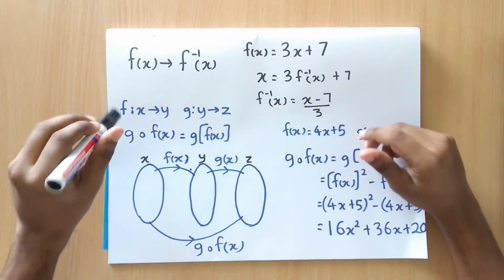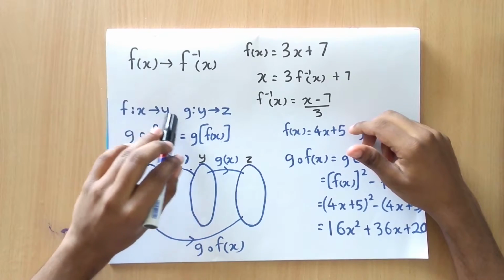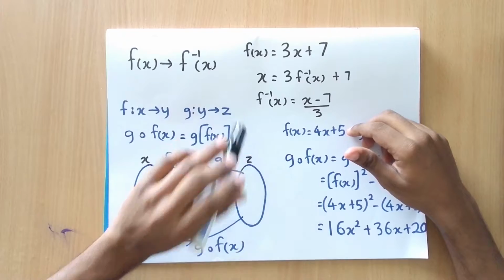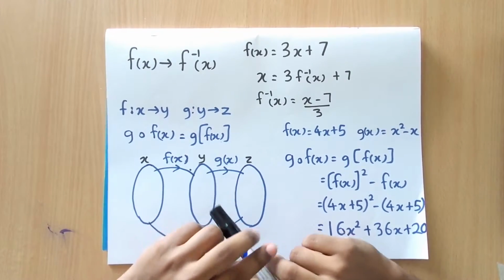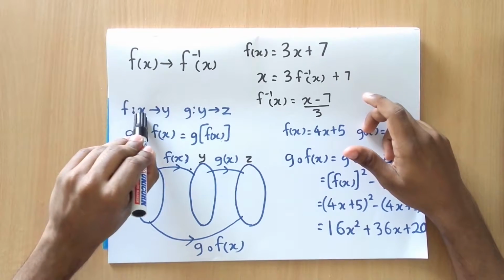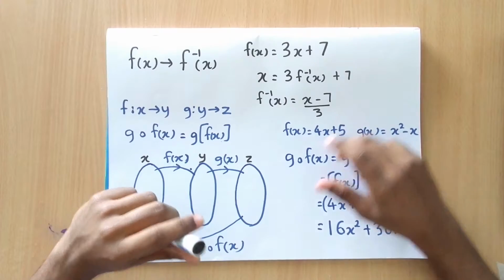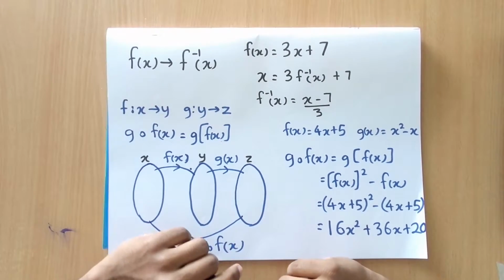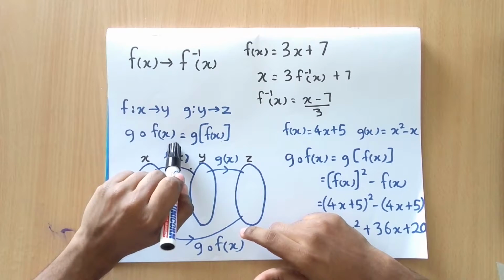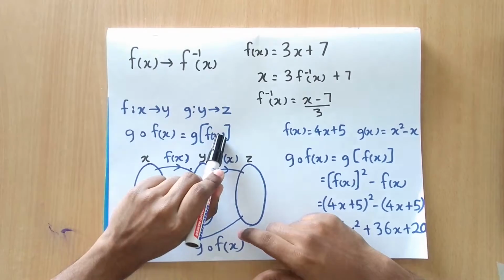Consider the functions f and g, where the function f maps x to y and the function g maps y to z. This means that we can create a new function which maps x directly to z. This new function is called a composite function and is written as g of f of x, which is equal to g in brackets f(x).